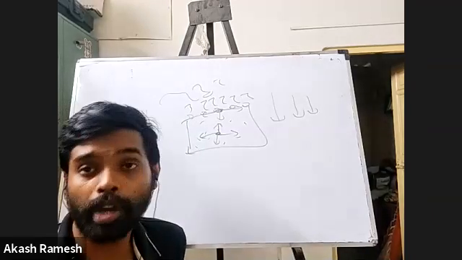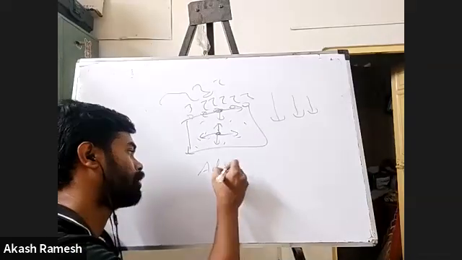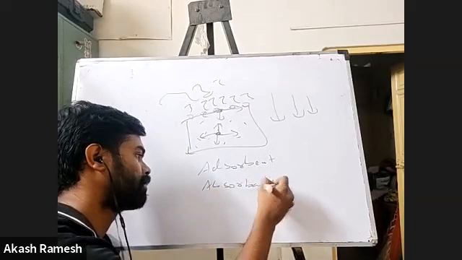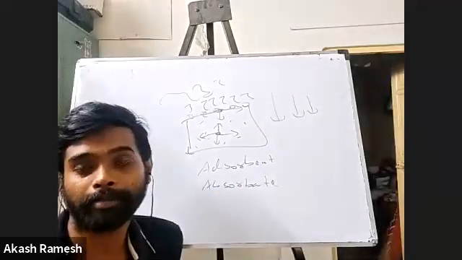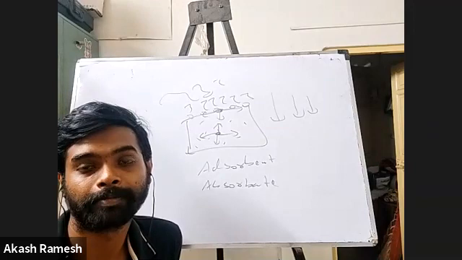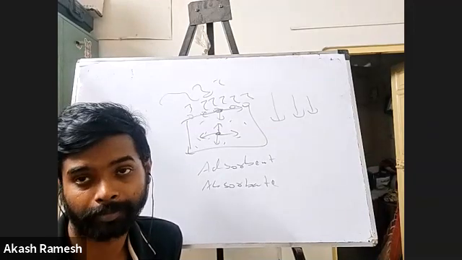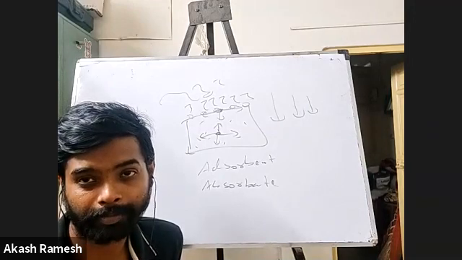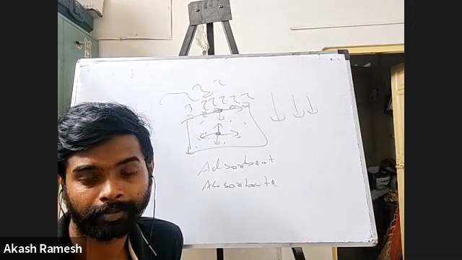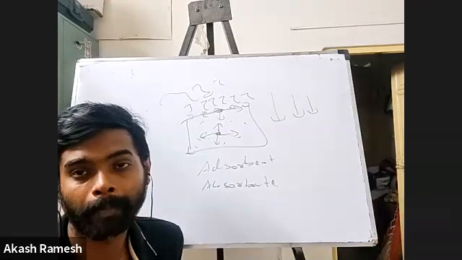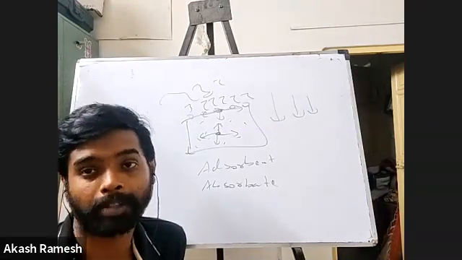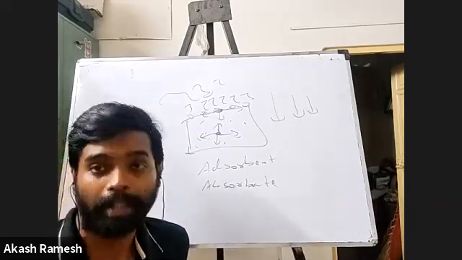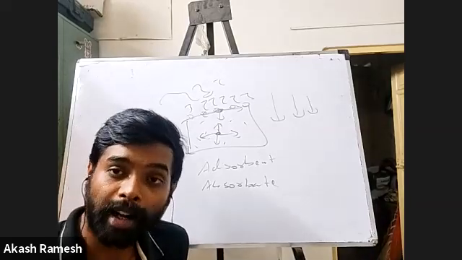Now, there are 2 keywords here: adsorbent and adsorbate. What is adsorbent? What is adsorbate? Basically, one is the one which is getting adsorbed, and the other one is the one which is providing the surface.